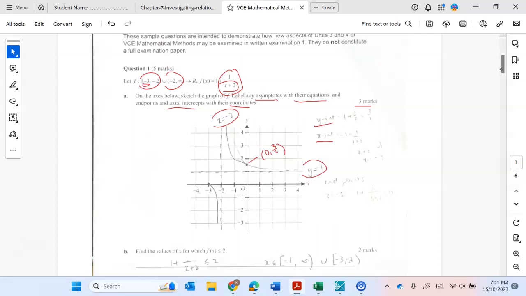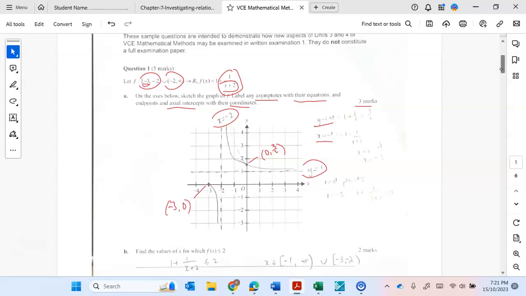And don't round. If I wrote that as a decimal, I could write 1.5, but let's say it was 1/3. You leave it as 1/3. You don't write 0.33. And then my x-intercept, which is here at -3, 0. I should have put that on as well. That's my bad.